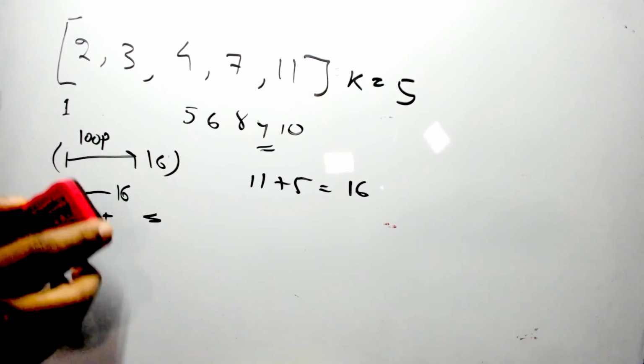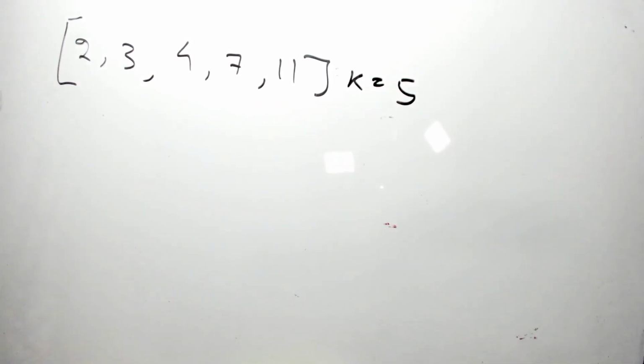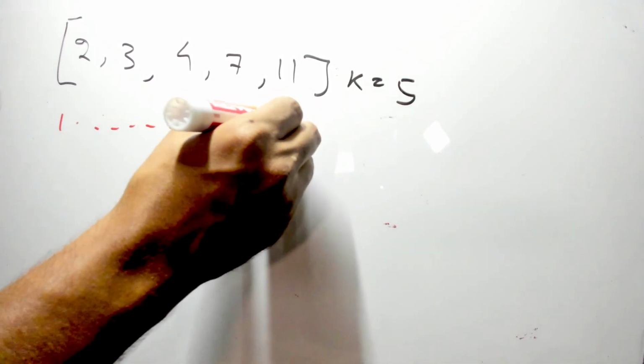Let me explain that in a better way. How are we going to calculate the missing numbers? Since the array is in increasing order, it is expecting us to start from 1 and then go continuously through 11, right?